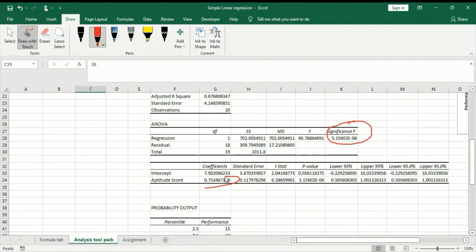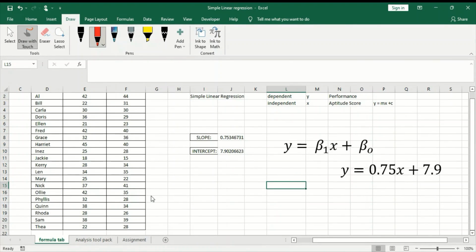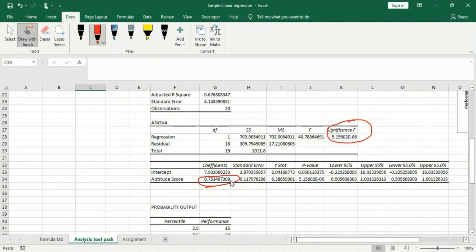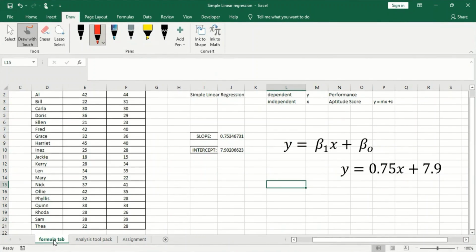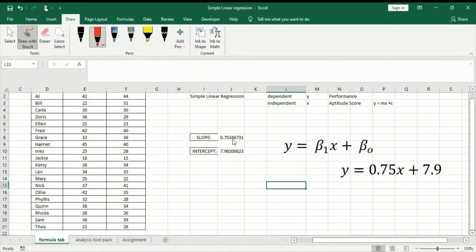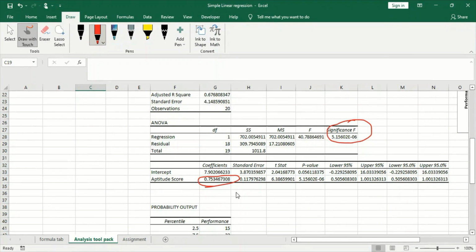So we want to check if this one is significant. If you notice, this coefficient is the same as what the formula tab gave us, 0.7534.